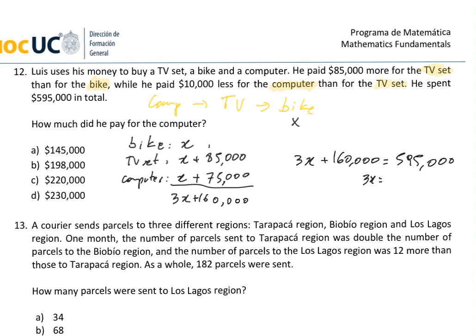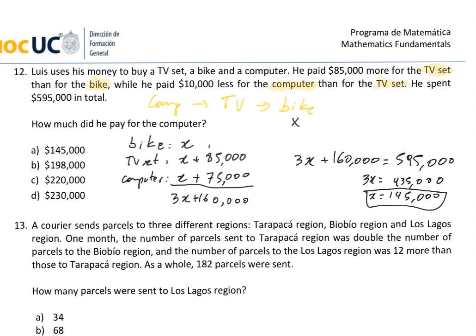What is 595,000 minus 160? And now we have to divide by 3. So what is that divided by 3? 145?